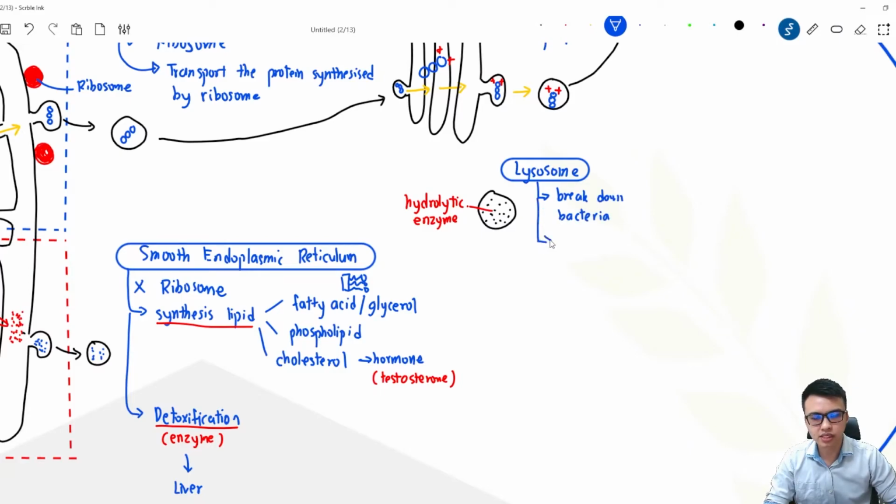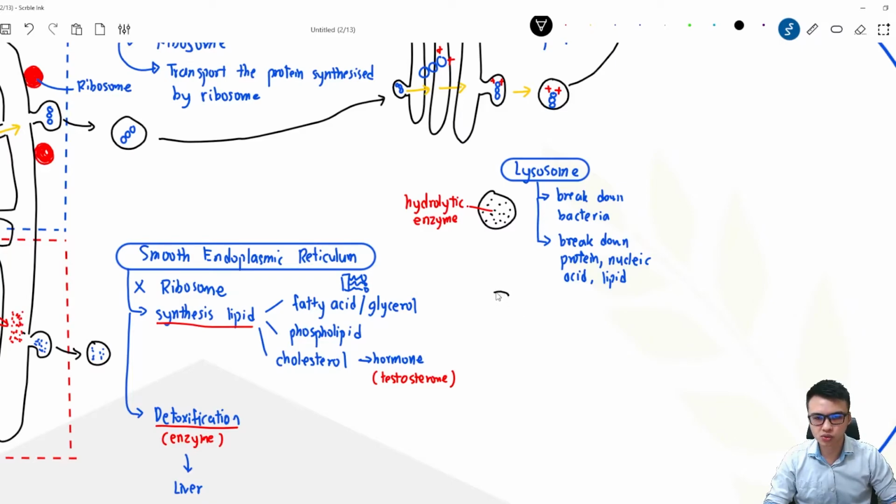Sometimes the enzyme is able to break down structures like protein, nucleic acid, or even some lipids.